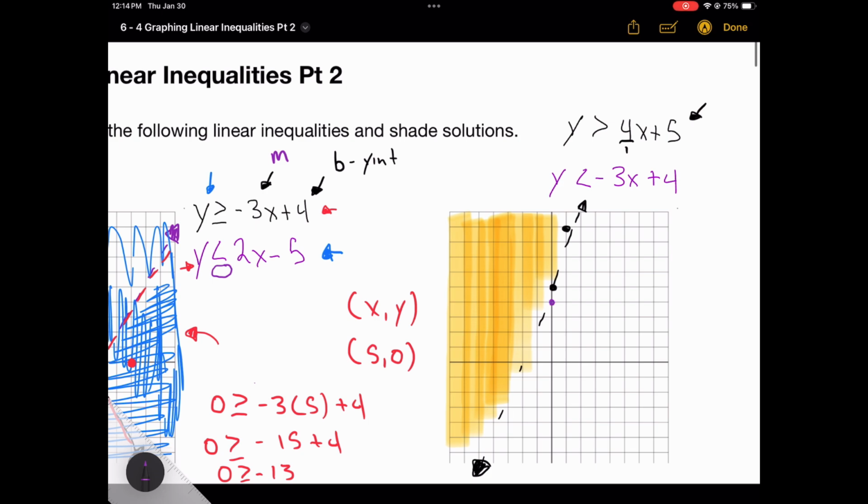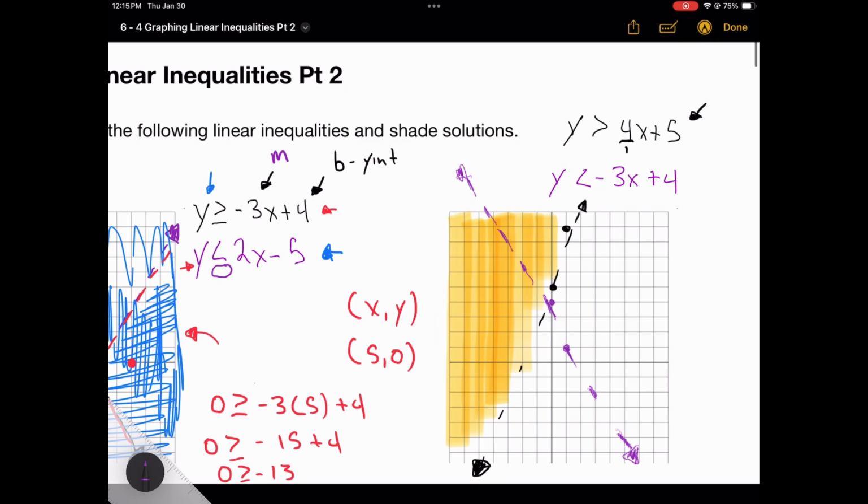And I'm going to go down 3, 1, 2, 3, over 1. Great. And I'm going to do a dotted line. That kind of looks like a curve, but I'm just going to keep going with it, pretend it's a line. There we go.